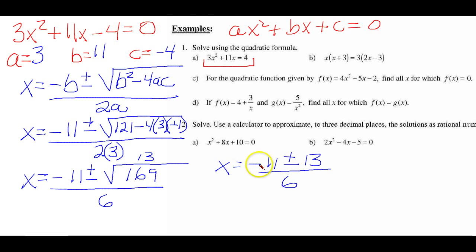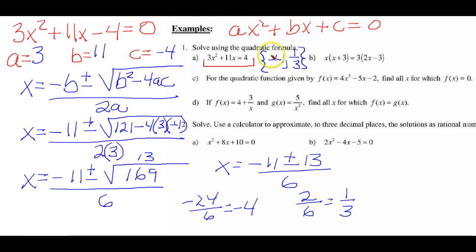Well, if I do the negative values first, I get a negative 11, negative 13. That's going to give me a negative 24 over 6, which is going to be a negative 4. Now, if I use the plus value, I get a negative 11 and a plus 13. That's going to give me a plus 2. So I get 2 over 6, which is equal to 1/3. So for letter A, our answer set is negative 4 and 1/3.